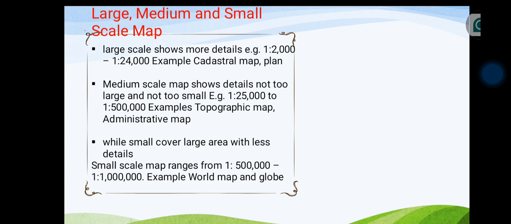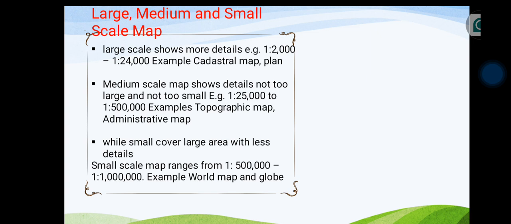So a large scale map shows more details. A good example of it is 1:2000. I said in the previous slide that a large scale map shows more details, or the details are bigger, but it covers a small area.